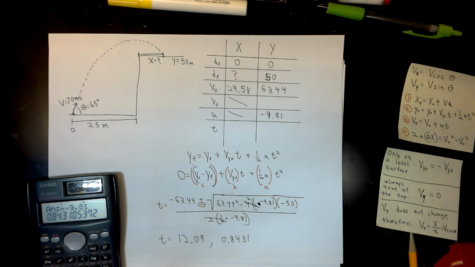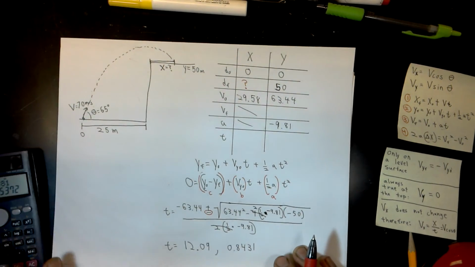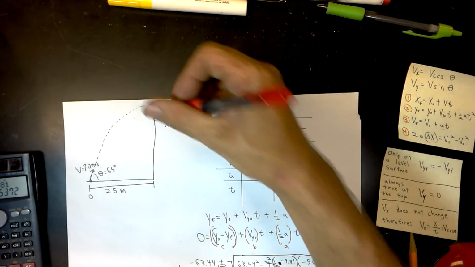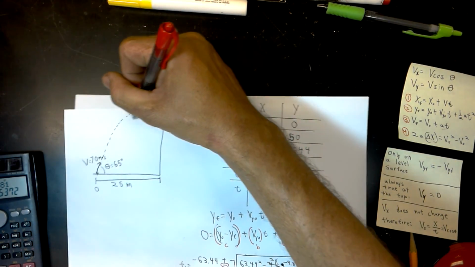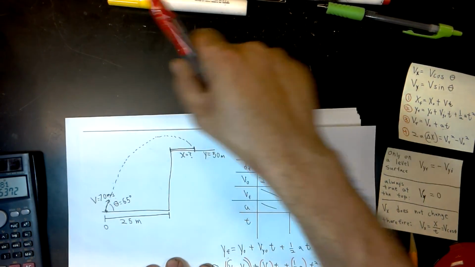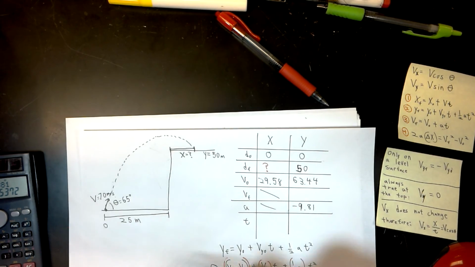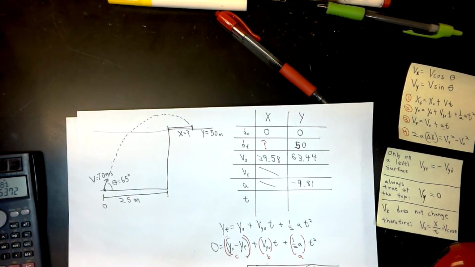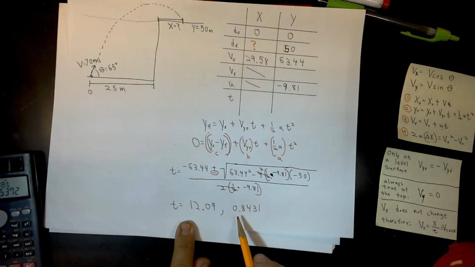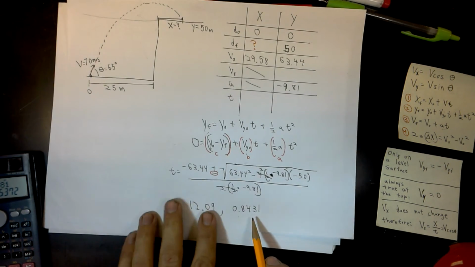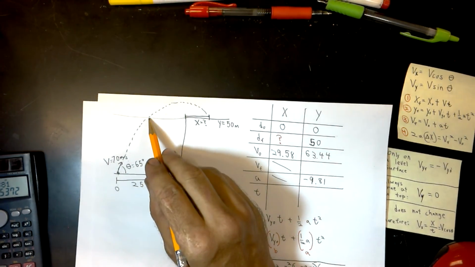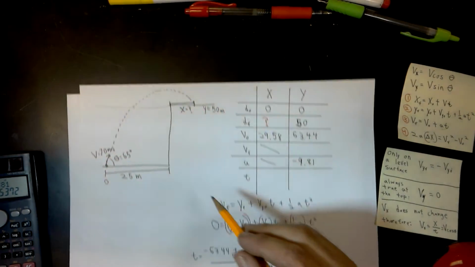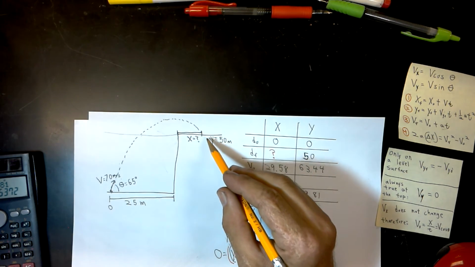Well, if you really like graphing parabolas, what this 0.8431 refers to is if this was a parabola and you had an x-axis going across here, it says that it will take 0.8431 seconds for the projectile to reach this point, and then 12.09 seconds for the projectile to come back down to the same point.